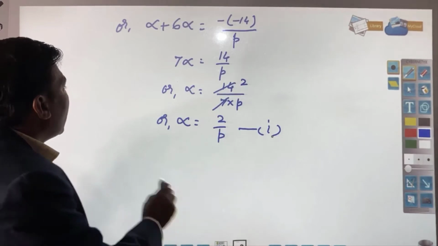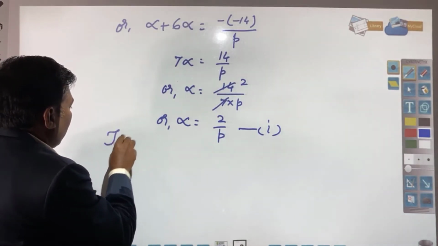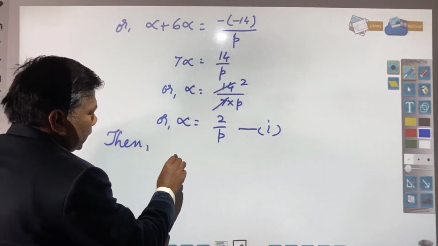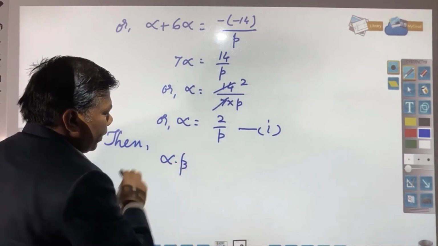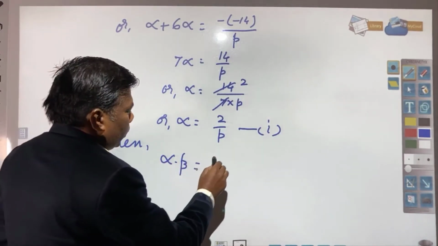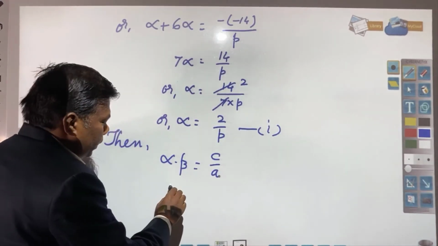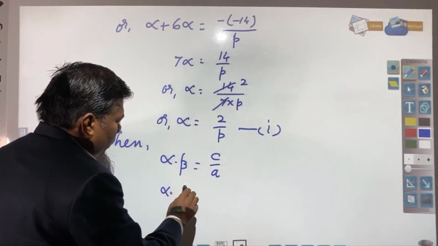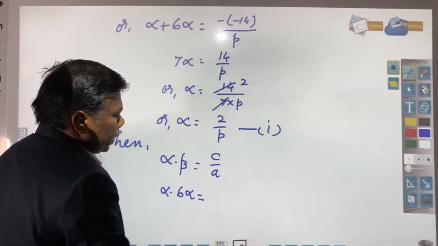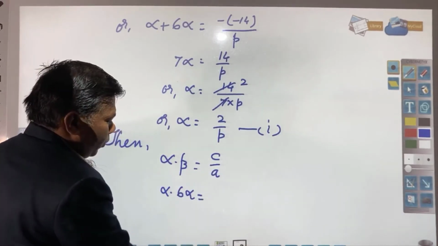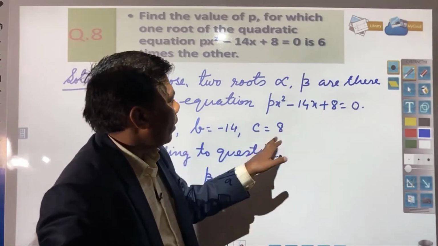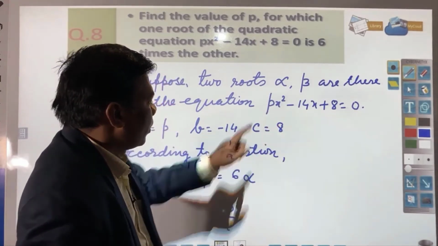Now, we also know the product of the roots, alpha into beta, is equal to what? C by a. Alpha into beta means alpha into 6 alpha, and that is equal to c by a. What do we have? c is 8 and a is p.